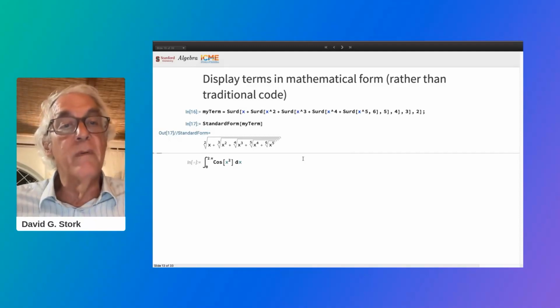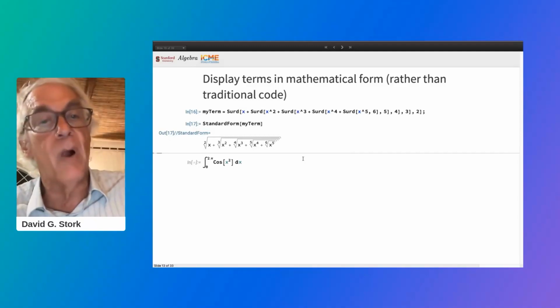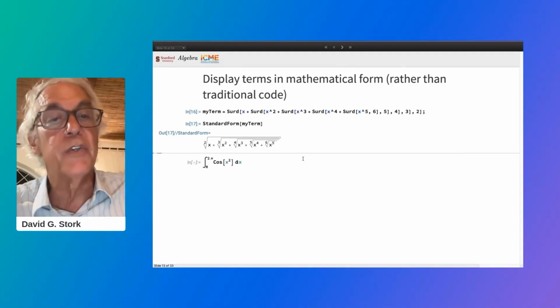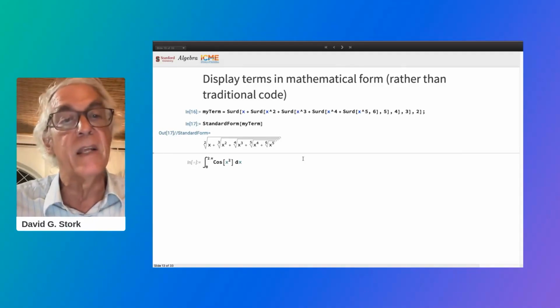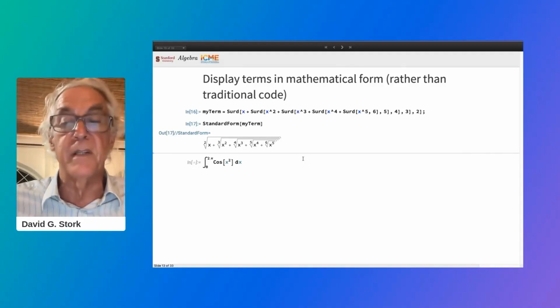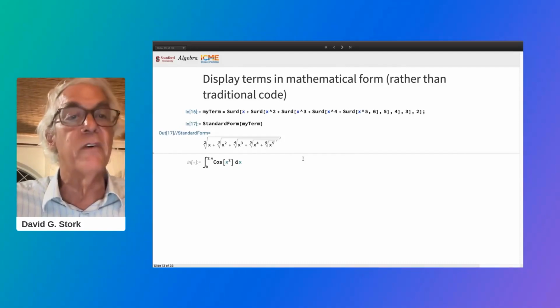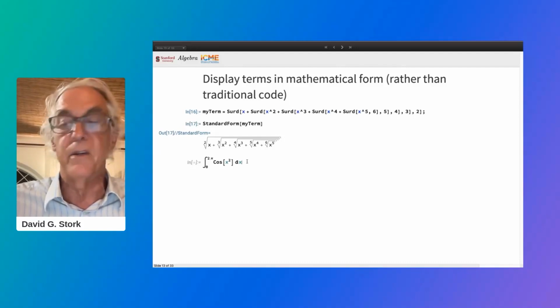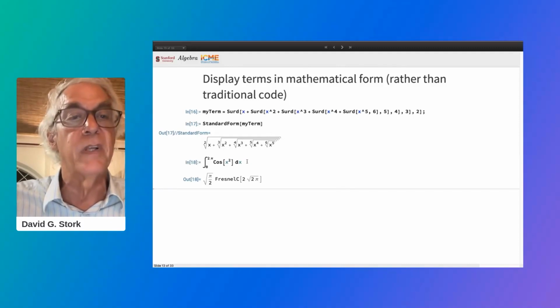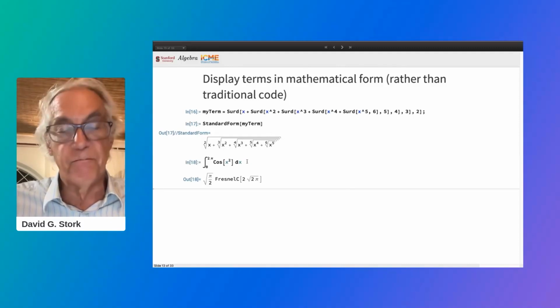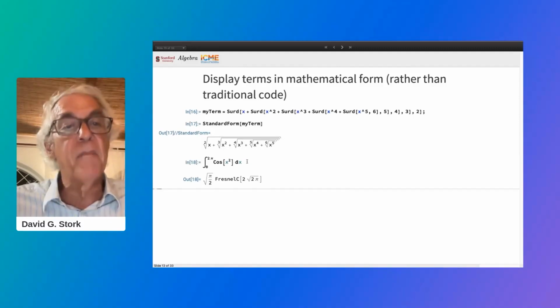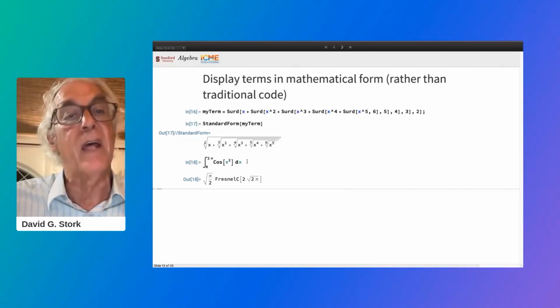I want to render problems, terms, equations, and so forth as mathematically as possible. And that's one of the best things I like about Mathematica, that you can use an integral sign with a lower limit of 0 and an upper limit of 2 pi and cosine x squared and things like that. So it's very easy to think mathematically because you're seeing it mathematically.